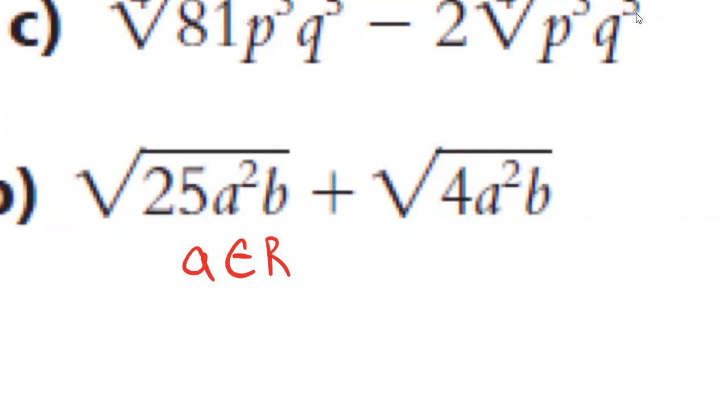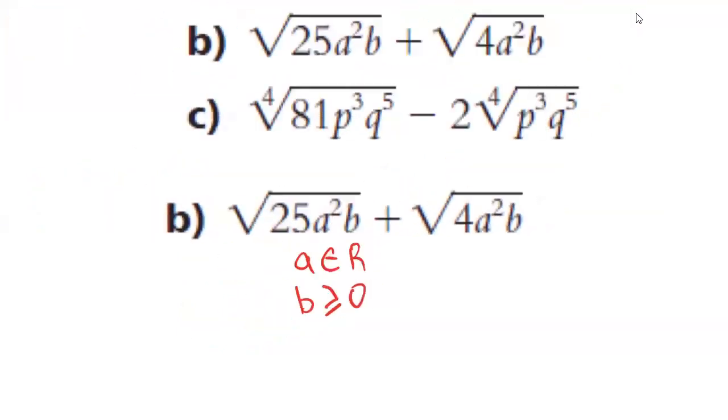If B is 0, this is going to work out to 0, so that's okay. But if B is negative, our radicand is going to work out to be negative. I cannot raise a negative value to an even index. Therefore, B cannot be negative. So B has to be greater than or equal to 0.